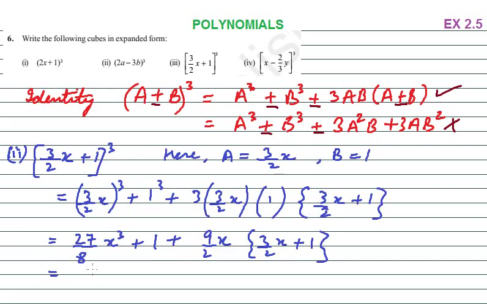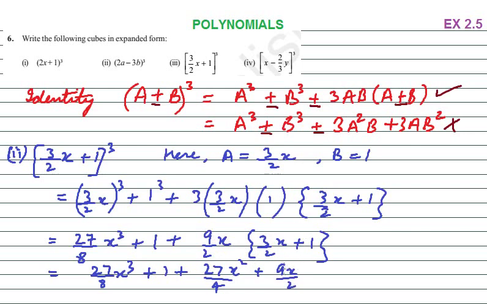Here we have 27 by 8 x cube plus 1 plus 9 3s are 27, 27, x into x is x square, and 2 2s are 4. So I have multiplied 9x by 2 by 3x by 2. Now it's the turn to multiply 9x by 2 with 1. Anything multiplied by 1 is the same thing.